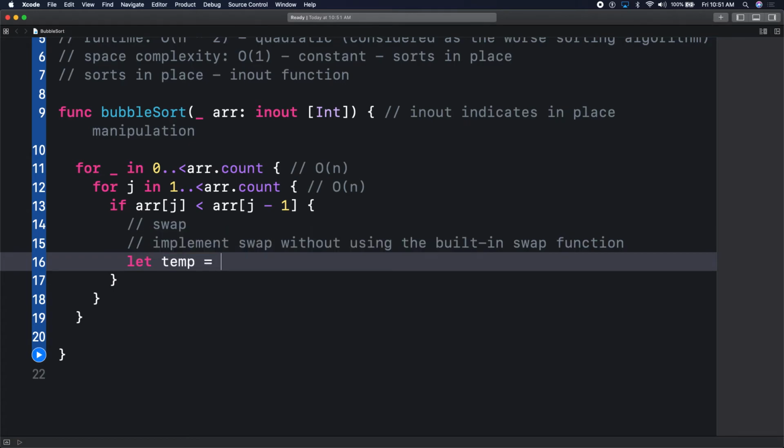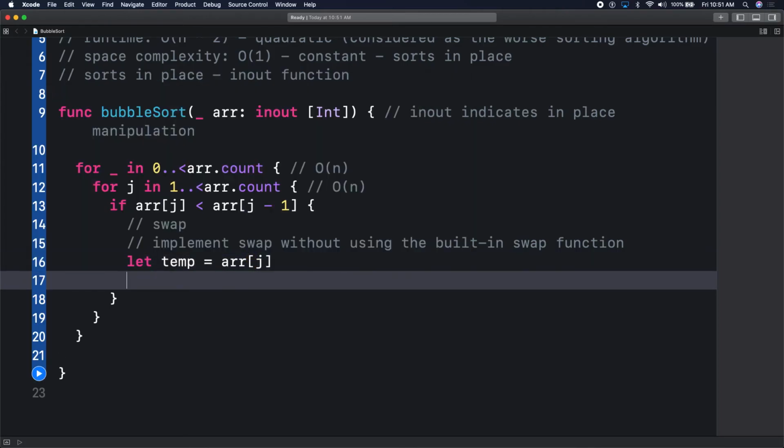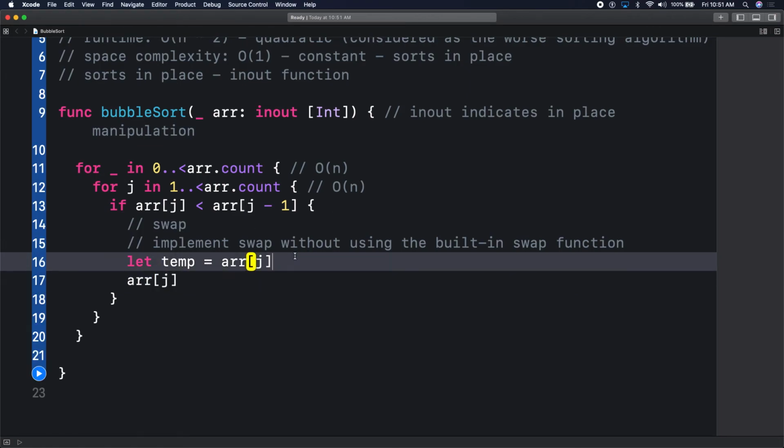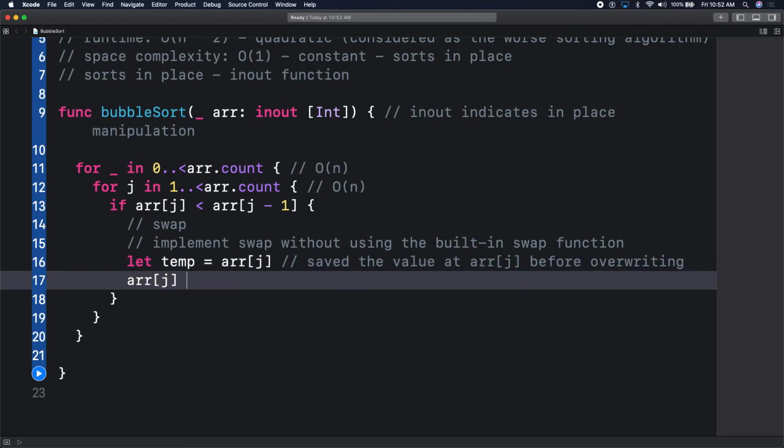So we'll start off by saying let temp equal to, I'll save one of the values. I'll save the value at j, and now I could override it because I've saved it. I've saved that value, now I could override it. So here we could say saved the value at array j before overriding. So we saved it before we override it.